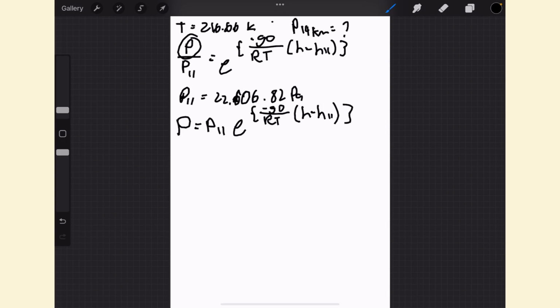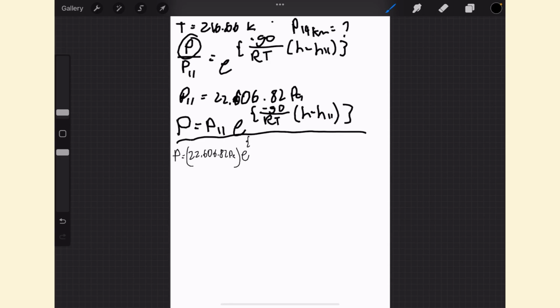Dahil dyan, napunta tayo dito sa equation na to, magbe-basic substitution lang tayo. Substitute lang natin. P sub 11 ay magiging 22,606.82 Pascal times e.